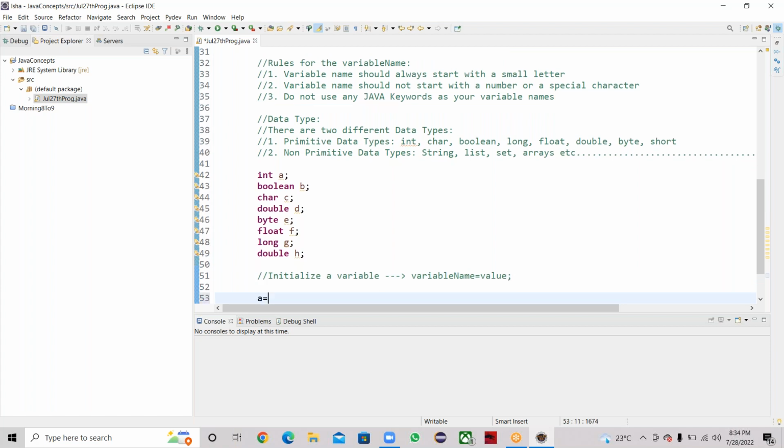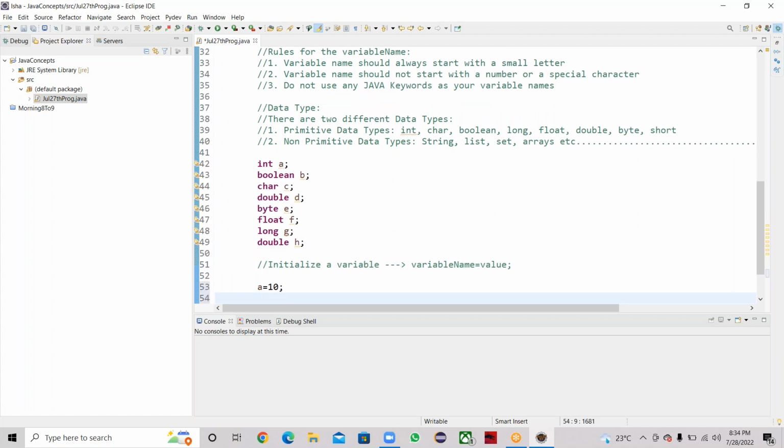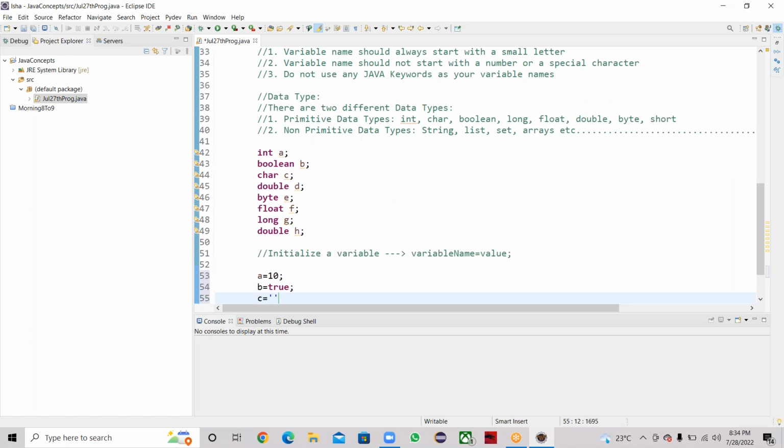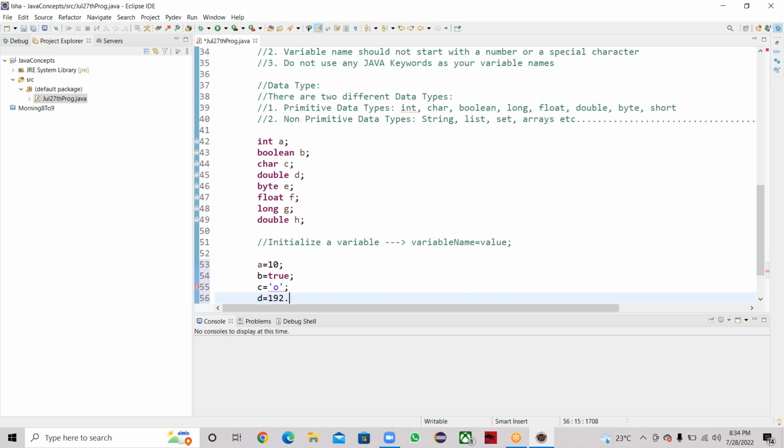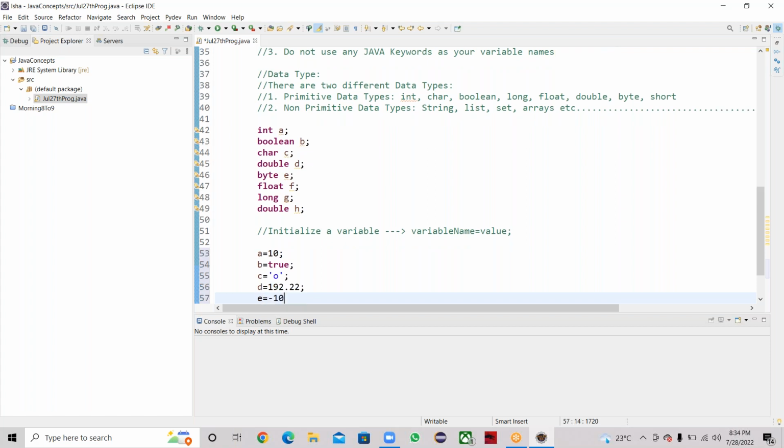So now a equal to 10, b equal to true or false, c equal to a character, d equal to 192.22, e equal to minus 10.